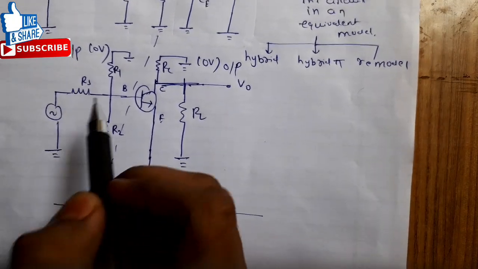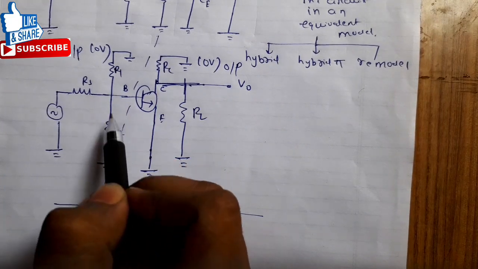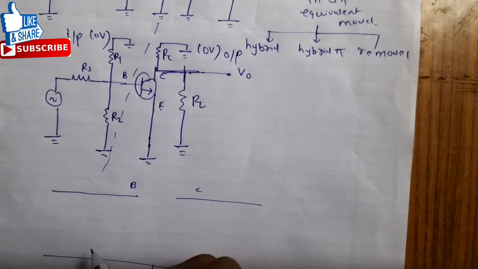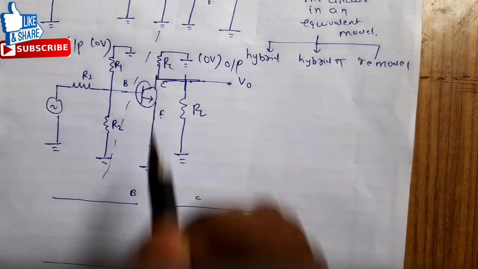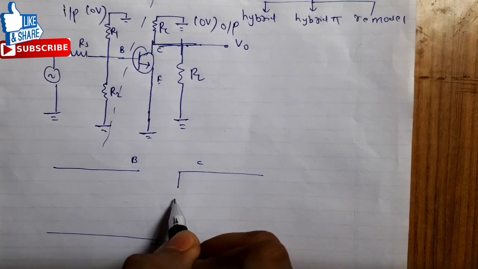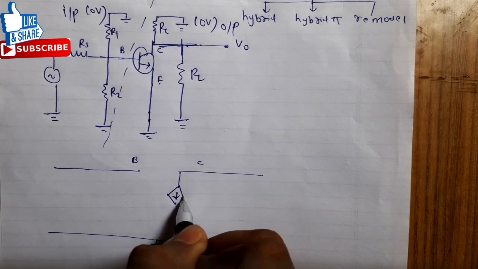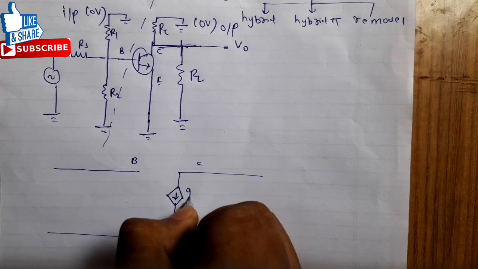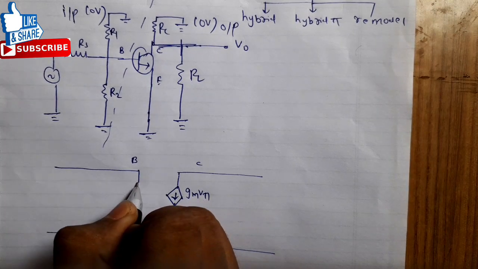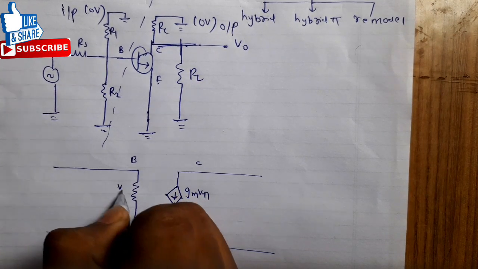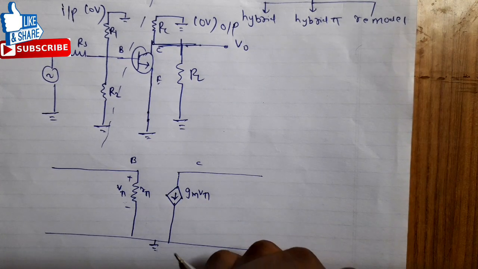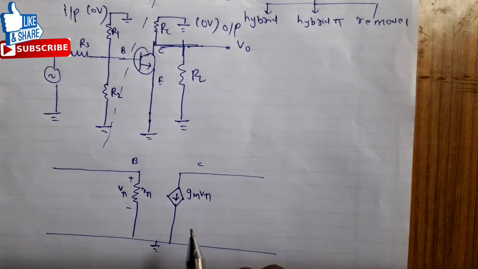At the input side we have R1 and R2, which are in parallel, and at the output side we have RL and RC. From the hybrid equivalent we have a current source whose value is Gm into V pi, and a resistor R pi with voltage V pi across it, plus and minus.